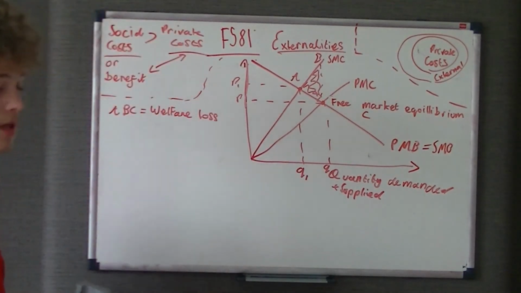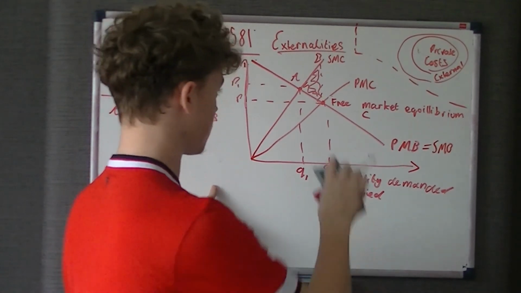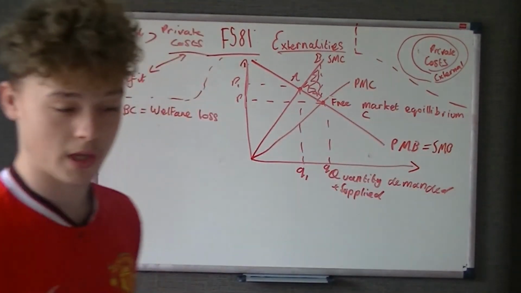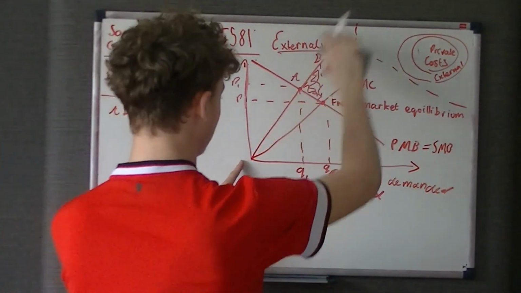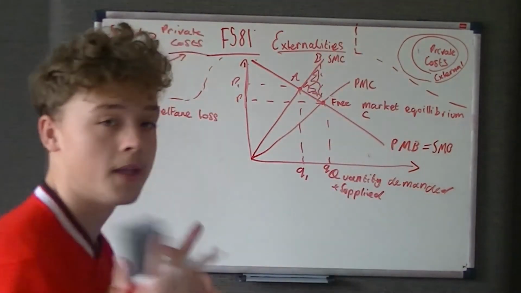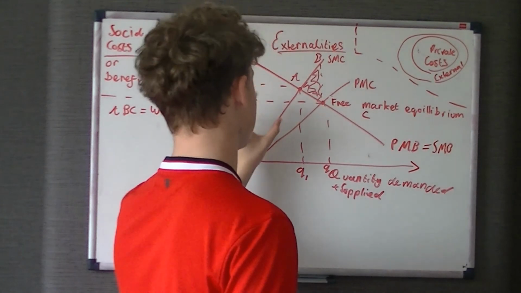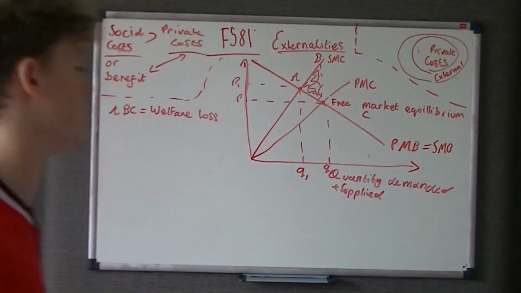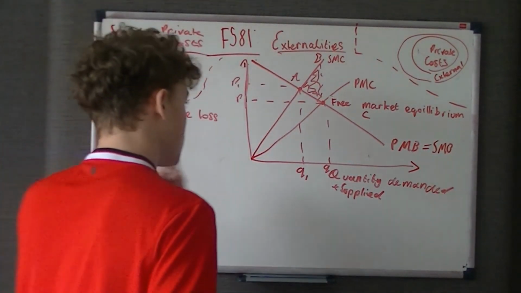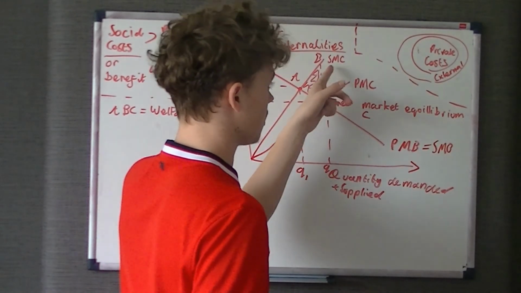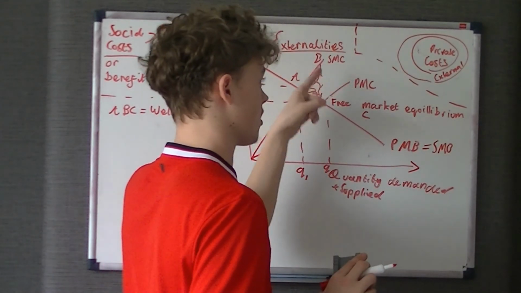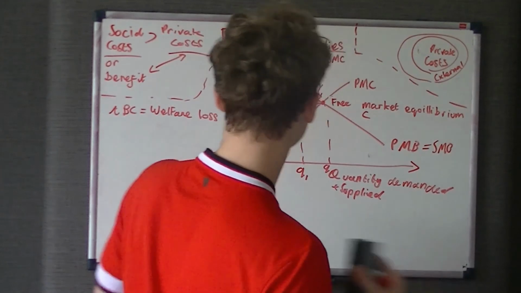Now, if this is the current marginal cost, the PMC, and this is the full social cost, the true cost to society, we could say the difference between these two is the external cost. Because social marginal cost is private marginal cost plus external marginal cost, the difference between them would be the external cost.